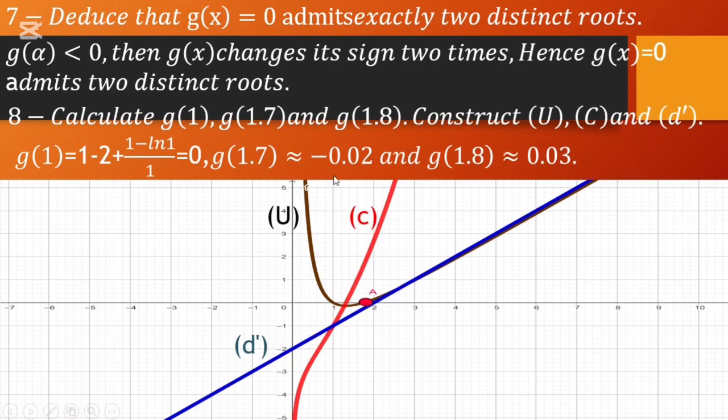The curve of u: the function here is decreasing, then increasing till alpha. Here we have the alpha, and the curve of u cuts the x-axis at 1 and beta, beta between 1.7 and 1.8. Okay.